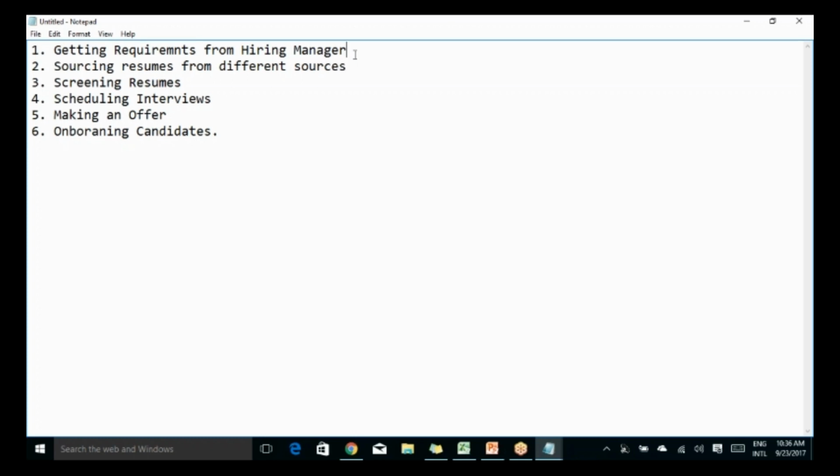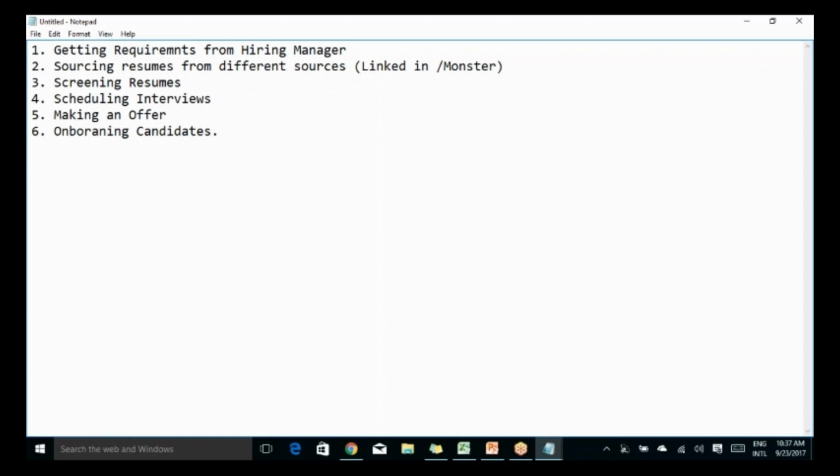Now, how does a parallel process work? A parallel process is like when you are sourcing resumes from different sources. Your system would be integrated with different job boards or different social media sites like LinkedIn or Monster.